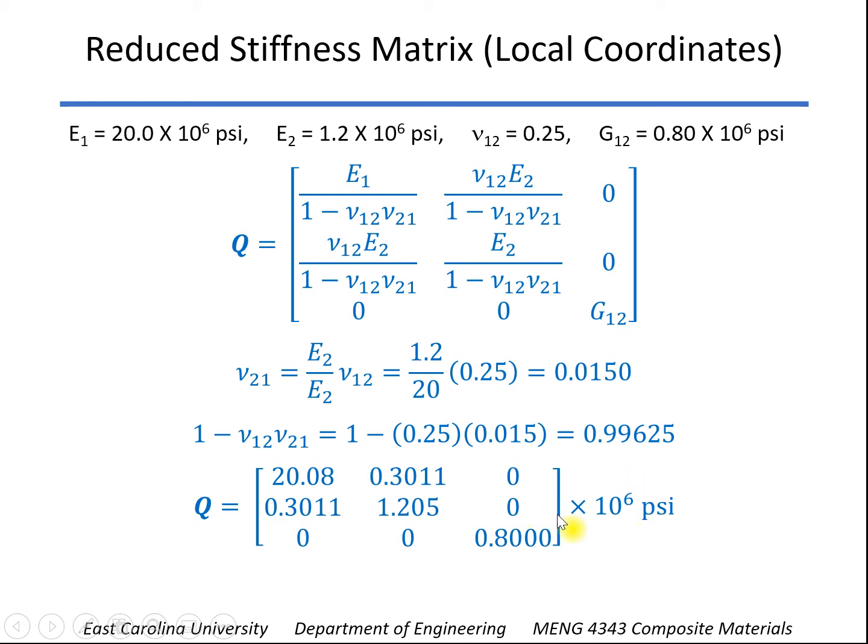Again, all of these multiplied by 1 million. And you can see here once we multiply by the Poisson's ratio right here, and G12 is just as is, 0.8 times 10 to the 6th psi. All right, now again, that's the same for both because this is in the local coordinate system.